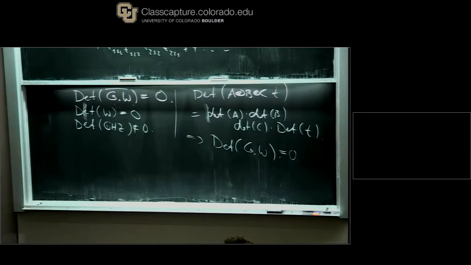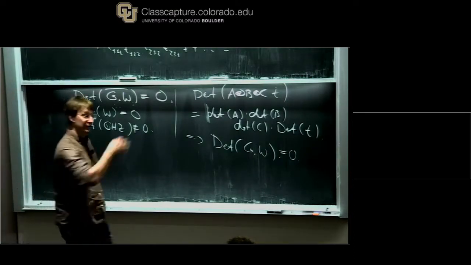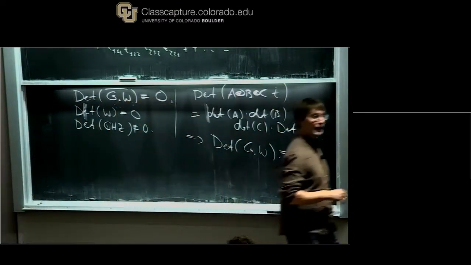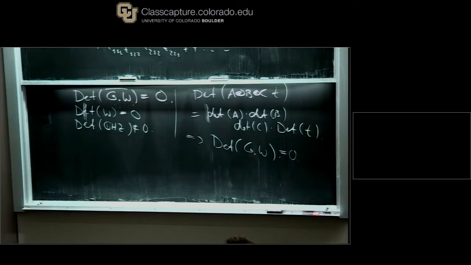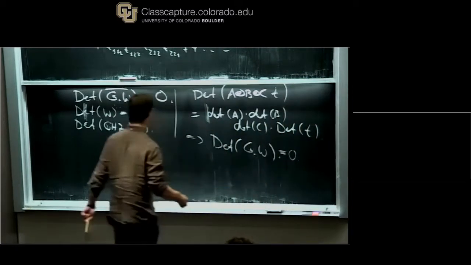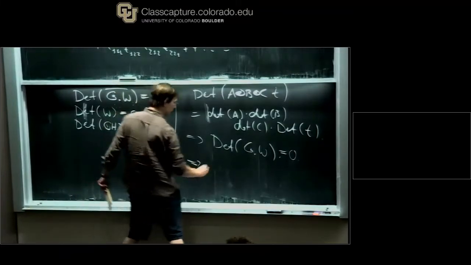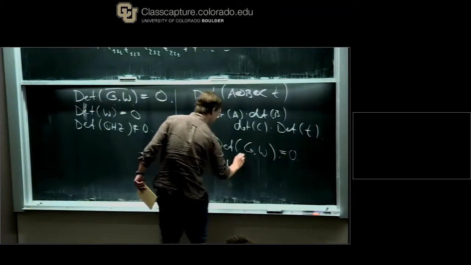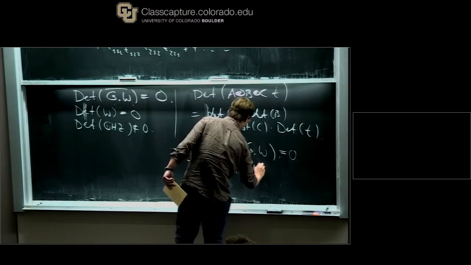Now you notice that polynomials are continuous in the norm topology, and that implies that it will stay 0 if you go to the closure. Because polynomials are continuous, this also will hold on the closure.